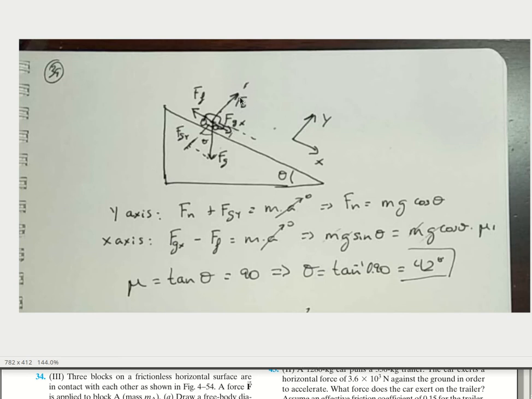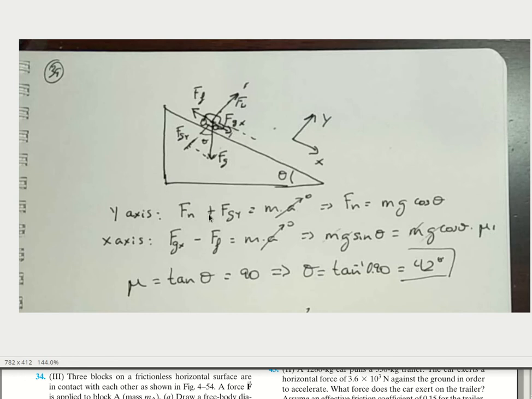You have the normal force, the y component of the force due to gravity, the x component of the force due to gravity, and the friction. In the y-axis you have this minus this equals 0 because it's not moving, and in the x-axis you have this minus this equals 0 because you don't want it to move. What they ask is, what is the maximum angle of the hill? So this car is not going to go down along the x-axis.